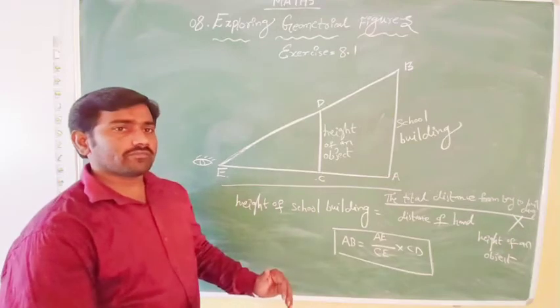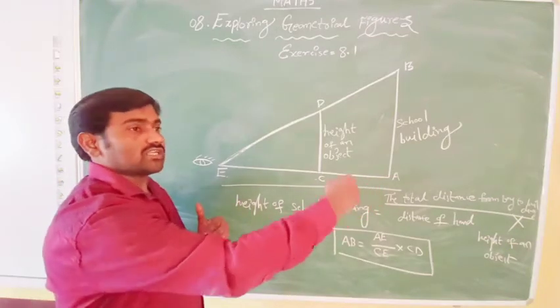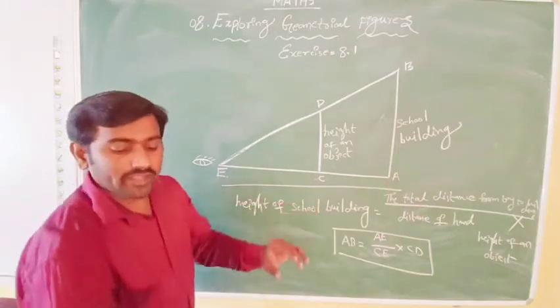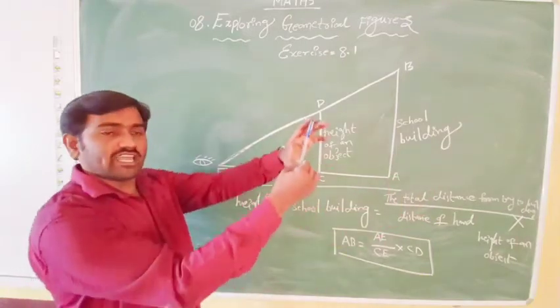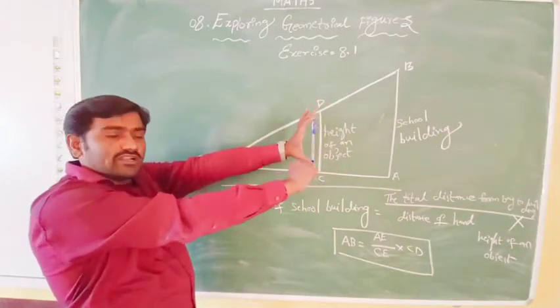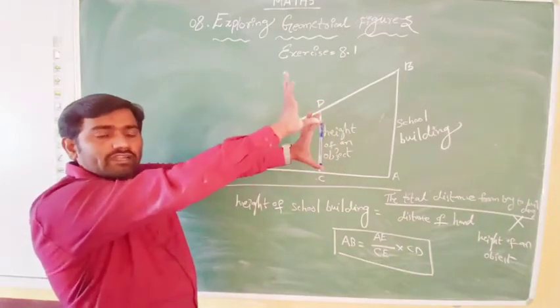Suppose you are standing some distance away in the ground of your school, keeping a pen or pencil or scale in the hand. You are observing the top of the building and the bottom of the building with this. So you want to find out the height of the building.